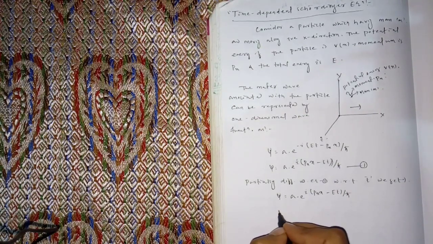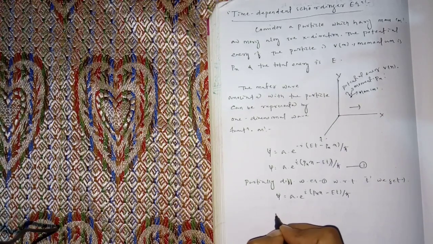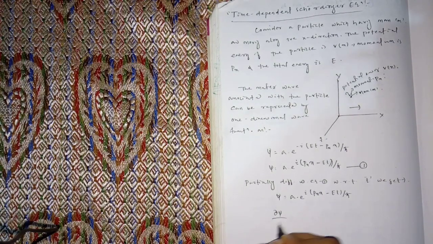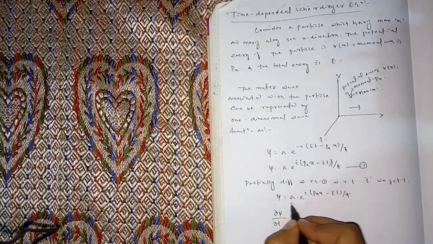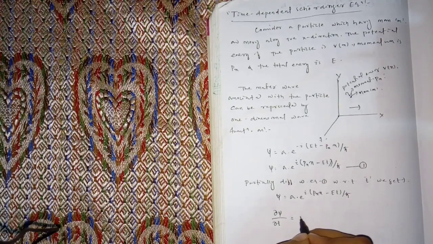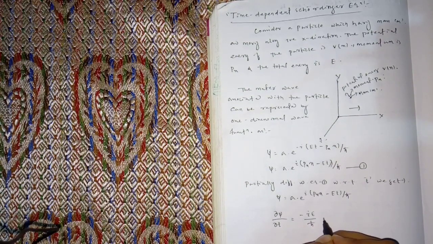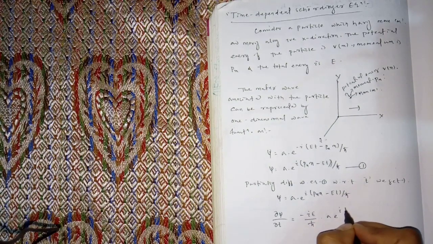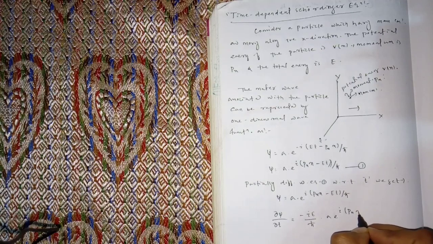If we partially differentiate with respect to t, then we can write dou psi by dou t equals, here A is a constant, so we only get minus i E by h cross into A e to the power i (p of x into x minus E t) divided by h cross.